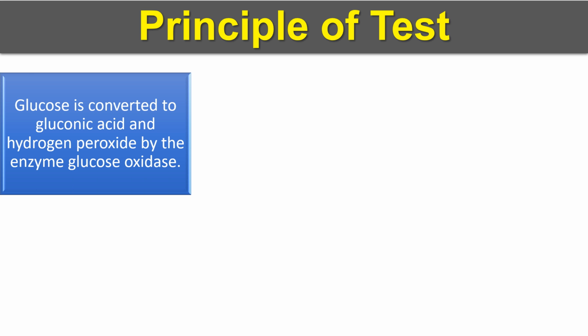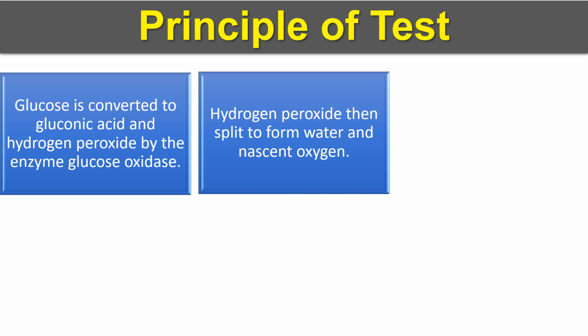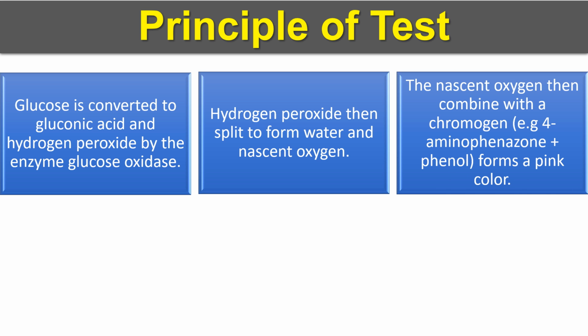So the glucose is converted to gluconic acid and hydrogen peroxide by the enzyme glucose oxidase. That is the first reaction. Then hydrogen peroxide splits into water and nascent oxygen. This nascent oxygen then combines with a chromogen, 4-amino antipyrine or 4-amino phenazone, plus phenol, and it gives you a pink color.